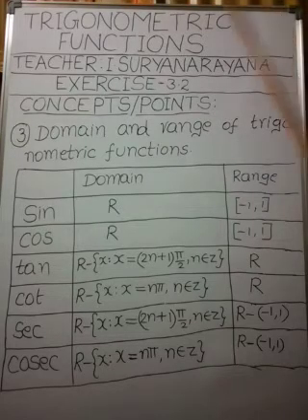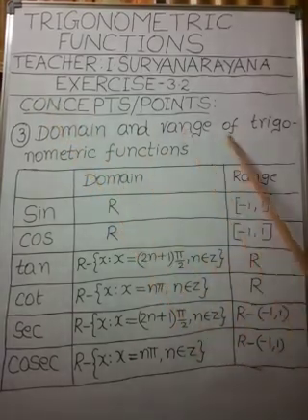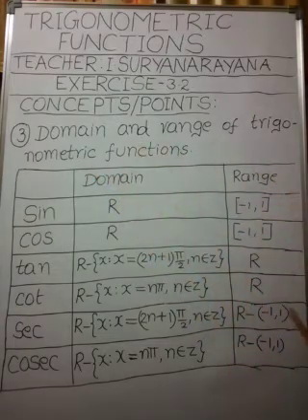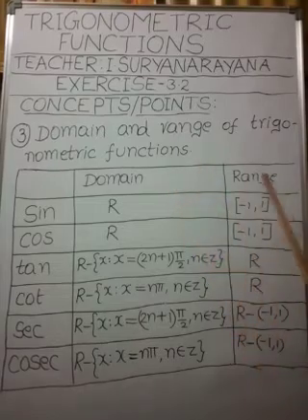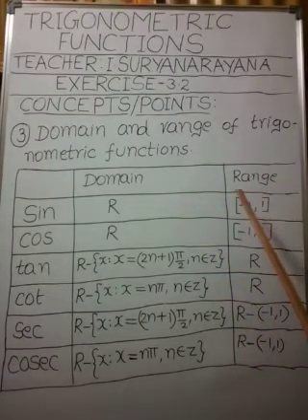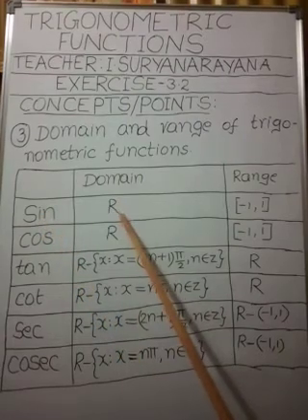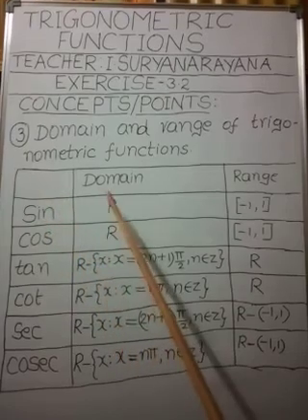Now come to the next point, my dear children, that is domain and range of trigonometric functions. In this table we have written the domain and range of trigonometric functions. Sine function domain is real numbers. At every real number, sine function is defined.